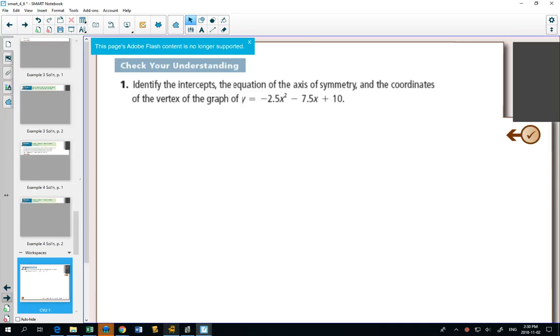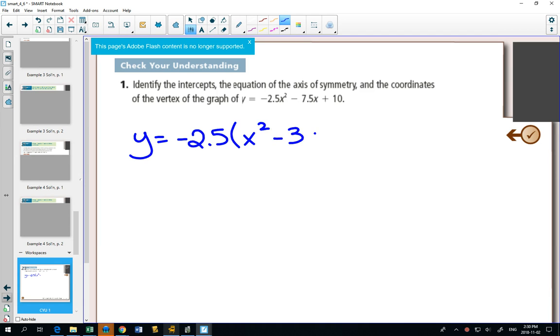So I'm going to start with this equation by factoring out the negative 2.5. That would leave me with x squared minus 3x plus 4. Does it factor nicely? It does.